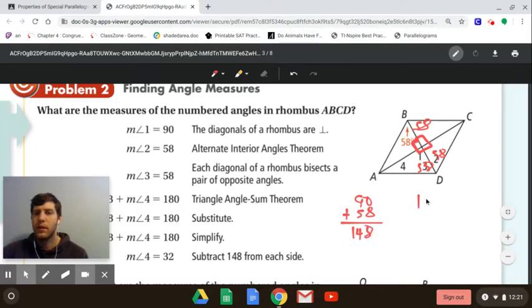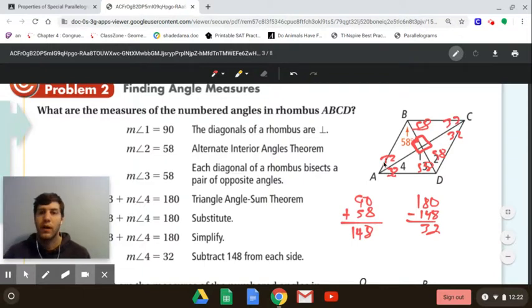And then we can do 180 minus 148, which will give us 32. So the three angles of a triangle need to add up to 180. So we do 180 minus 90 minus 58, and that gives us 32. We would also know that this angle would be 32. This angle here is 32, and this one up here is 32.